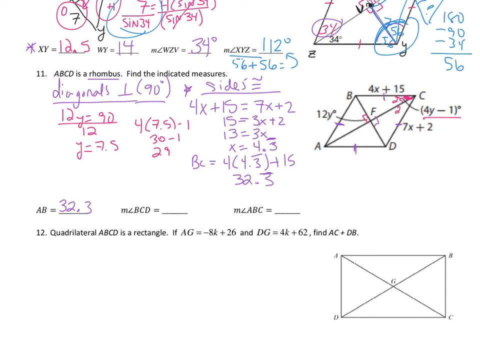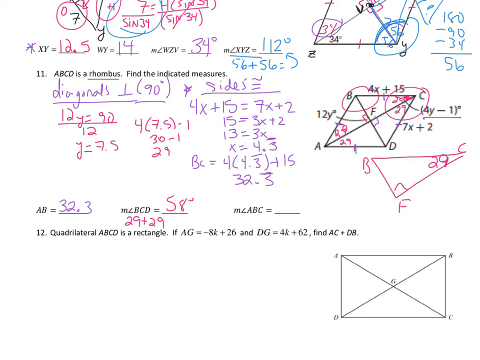Remember that that gives us all 4 of those angles since they are cut in half. So angle BCD, then we're adding 29 plus 29 because they want that whole angle all together, and that gives us 58 degrees. The angle ABC is going to be this whole angle right here.